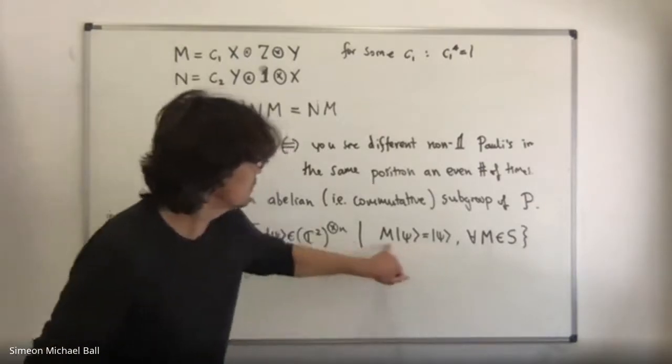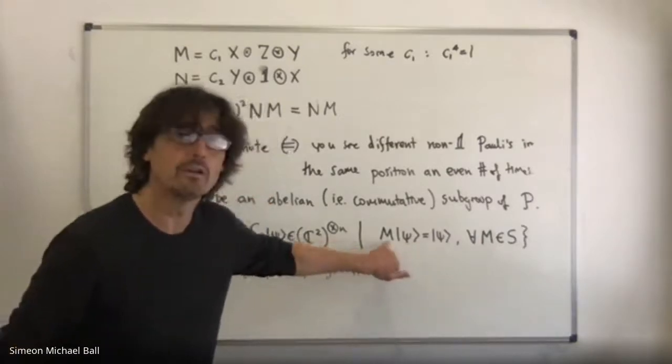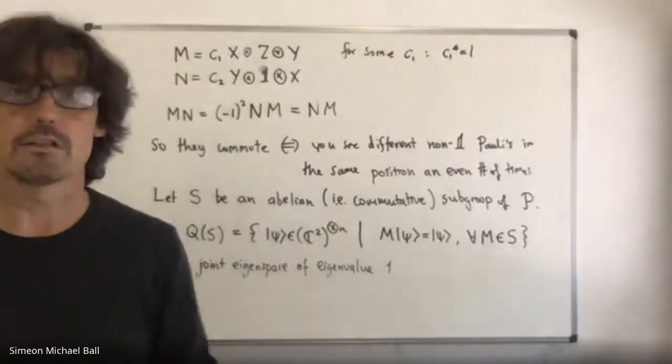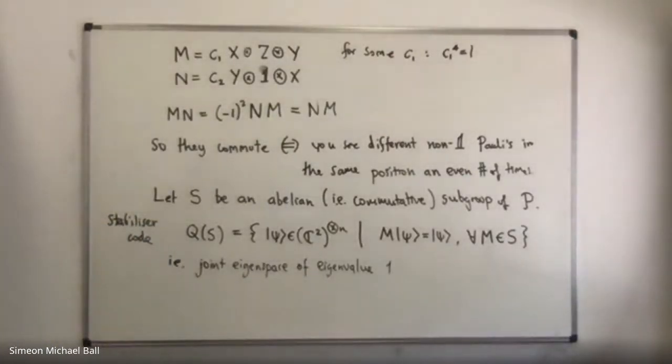So the code is the set of eigenvectors of eigenvalue 1 for all operators in this subgroup S. Well, I could give an example.